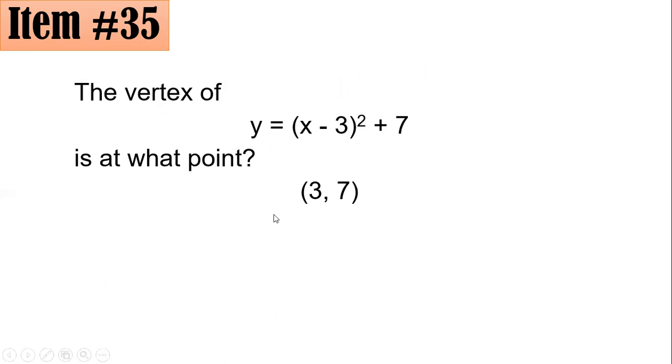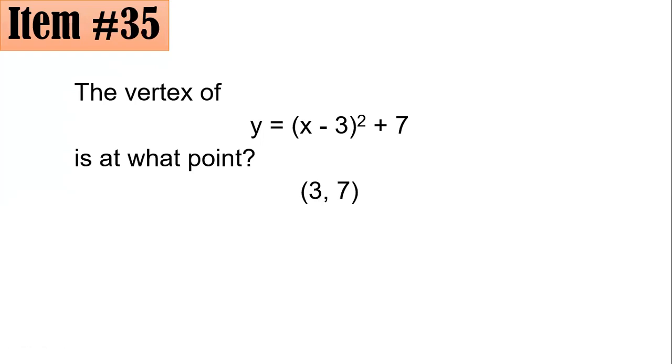And this 3 here being positive indicates that it's shifted 3 units to the right. By the way, the first number here tells you if it's shifted to the left or right. If it's positive, meaning to the right. If it's negative, meaning to the left.